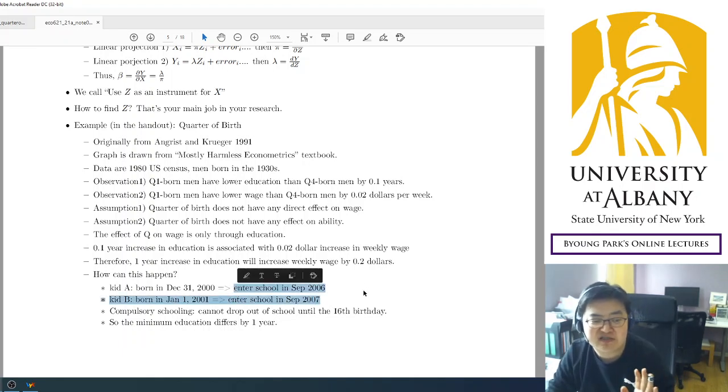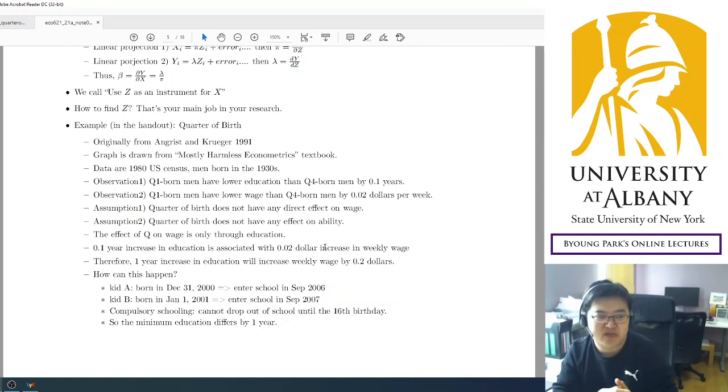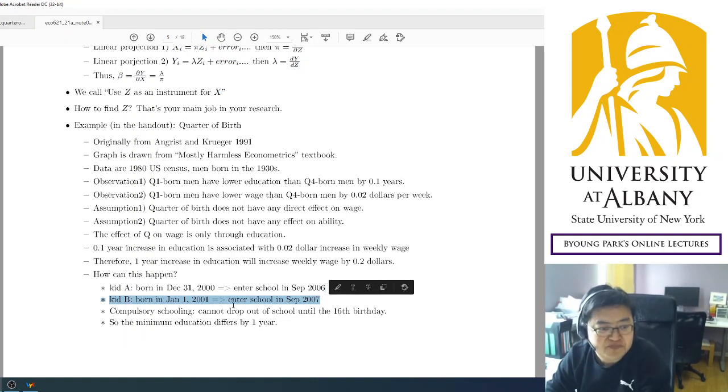In practice, the cutoff day is not January 1, but for simplicity, I'm going to do this. Actual practice does not work this way. My son is going to school next year, and still, I have no idea what's going on. Anyhow, I don't know the rule, but there must be some kind of cutoff rule.